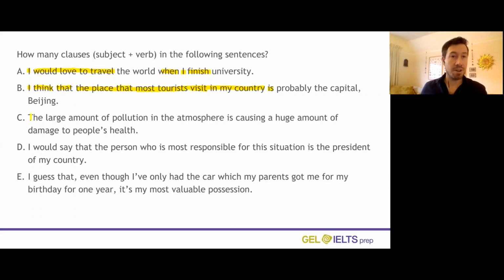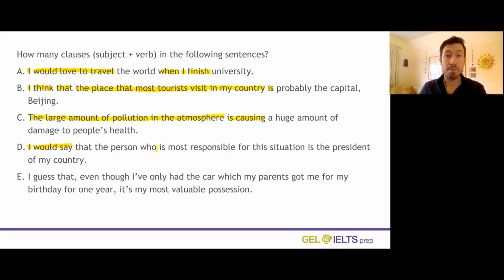For C, we've got "the large amount of pollution in the atmosphere". All of that is the subject. And then "is causing" is the verb. So there's just one subject, one verb. So that's 1 clause. Then we've got "I", subject, "would say". That's a verb. We've got a relative clause here, "who".